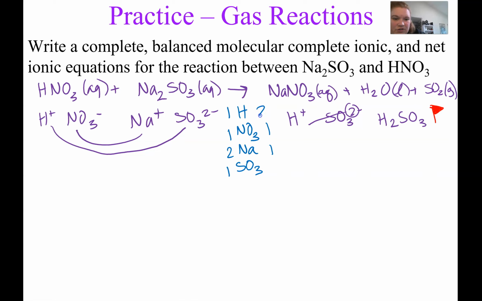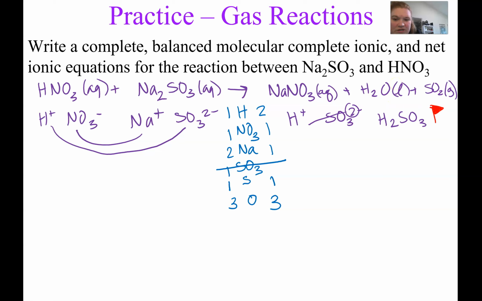So I have 2 hydrogens. Oh, you know what? I can't write it as SO3 either because on the right-hand side, it's SO2. So I need to break apart my sulfurs and my oxygens. So 1 sulfur, 3 oxygens. 1 sulfur, and then I do have 3 oxygens over there because I have the 2 from the O2 and then the 1 from the water.